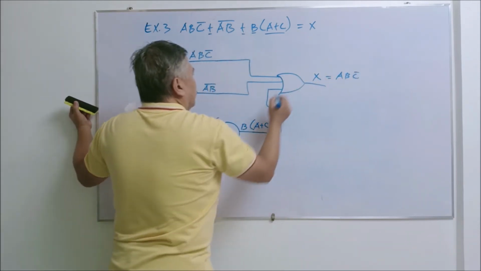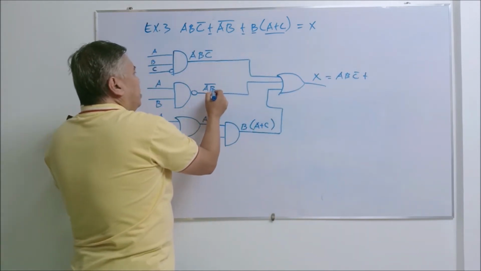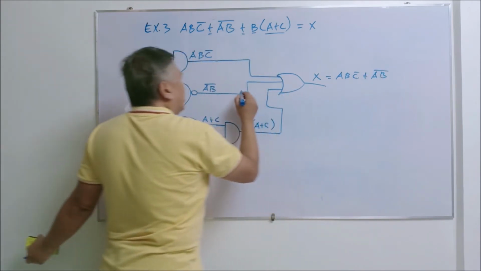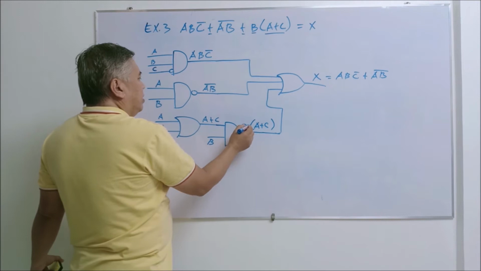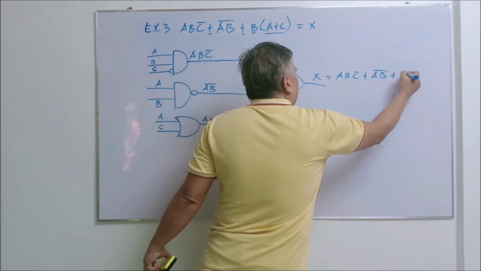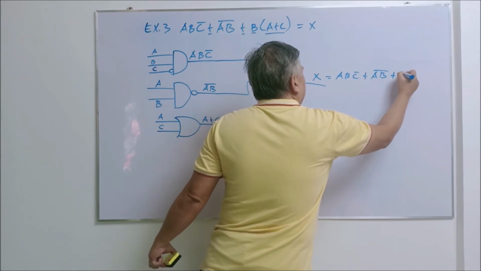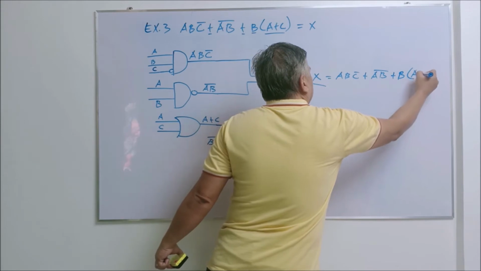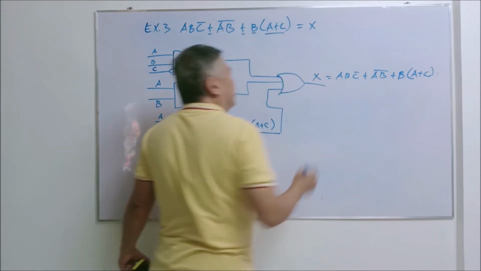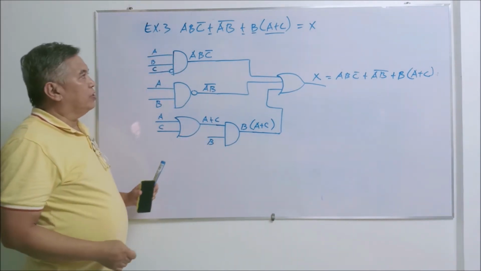This one. Or A, B complement. That is this one. And then you have B times A plus C. Is equal to X. Okay? So that will be your logical equation representation.